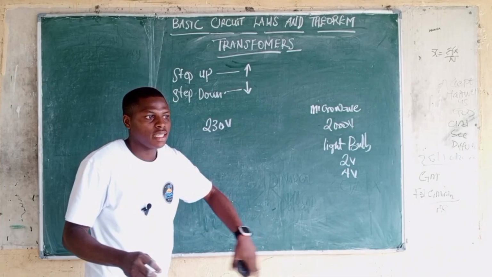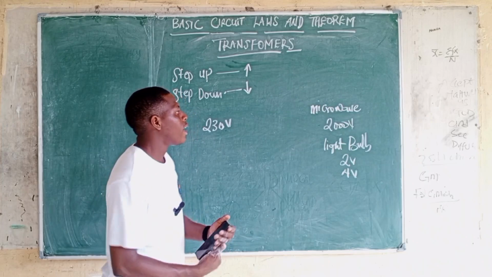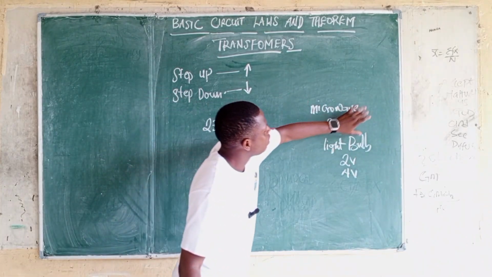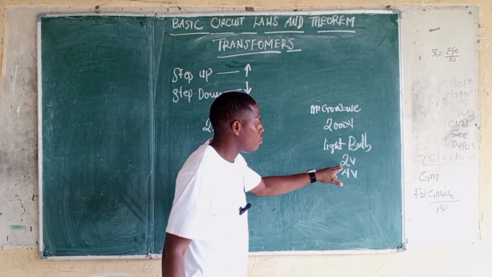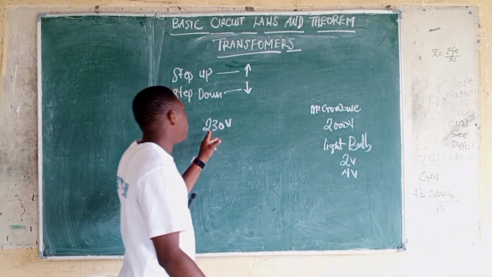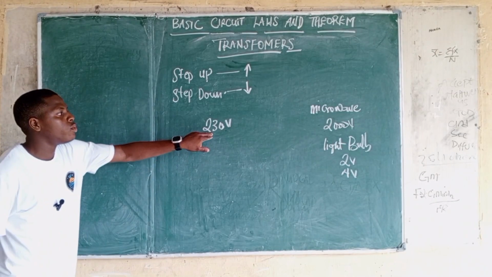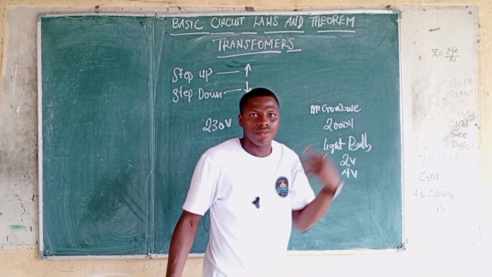I'm taking this as an example. Now, if you have this microwave that requires 2000 volts to operate, and you have your light bulbs that require a smaller amount of voltage to operate, and you have a 230 volt source here, how does your microwave now run?